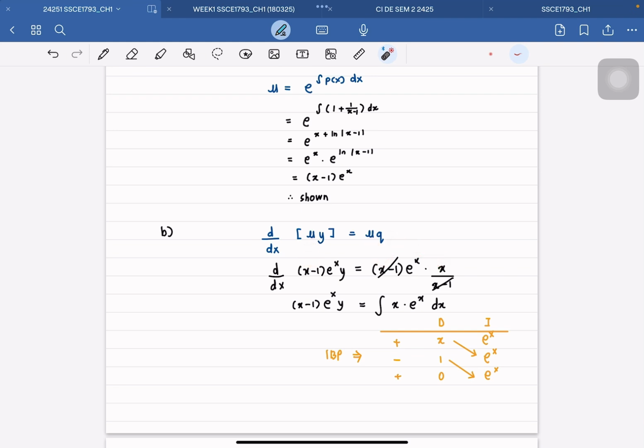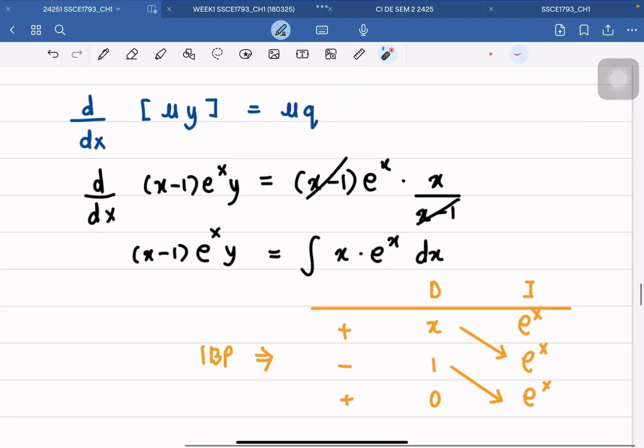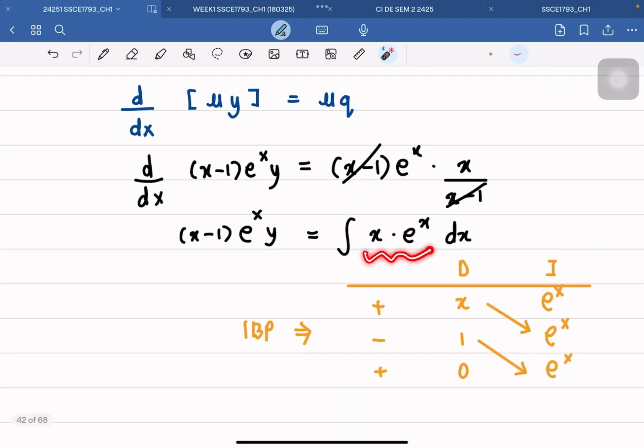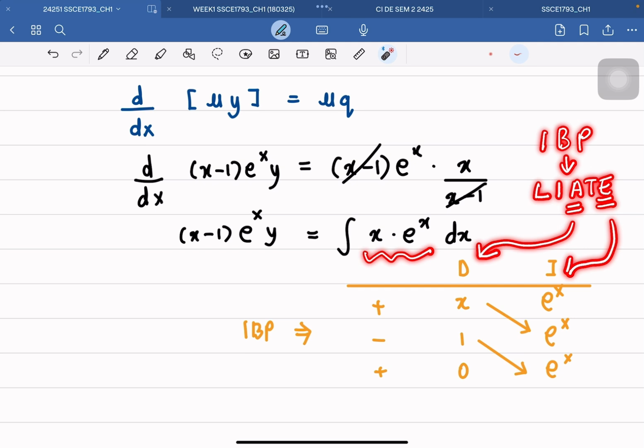Okay, whenever you want to integrate this x e^x, it seems like we have two different classes of function, which are algebraic and exponential. So what you have to do is solve it by using integration by parts and consider the LIATE order. Algebraic here, exponential here. So algebraic is for differentiate, exponential is for integrate. We use the tabular method in solving the integration by parts.